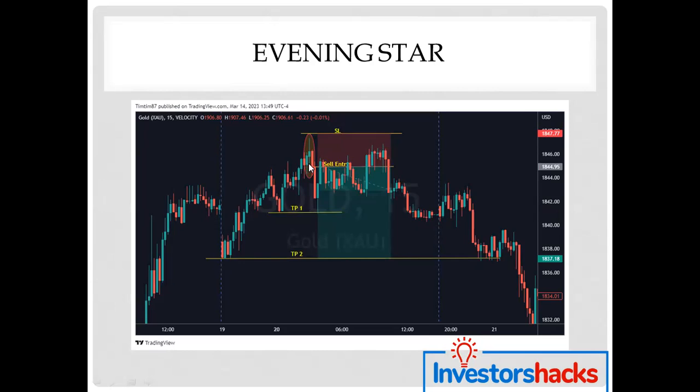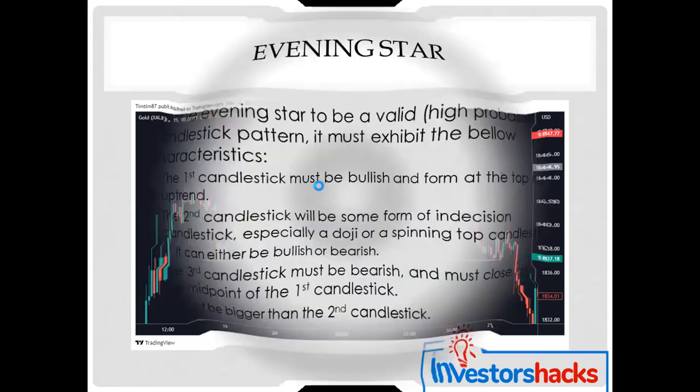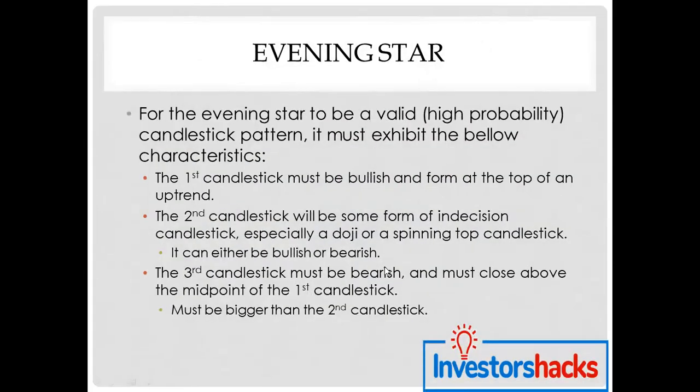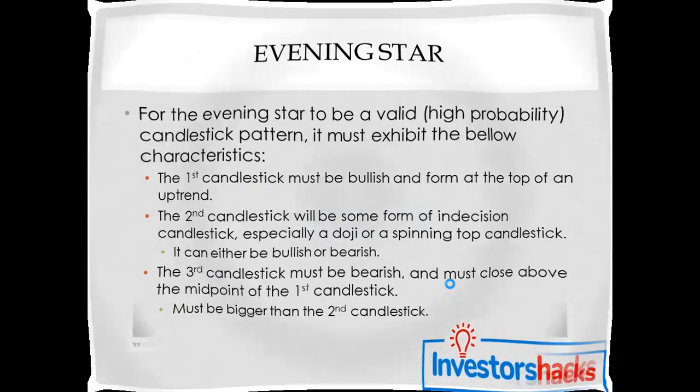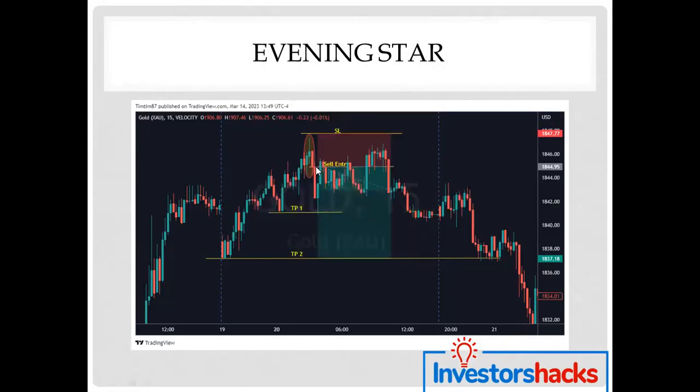Half is somewhere here where the body closes, but this candle closed below the body. So it closed below more than half of the first candle. Then it must be bigger than the second candle. So the third candlestick must be bigger than the second candle, and as you can see, it's bigger than the second candle because the body is very much elongated.